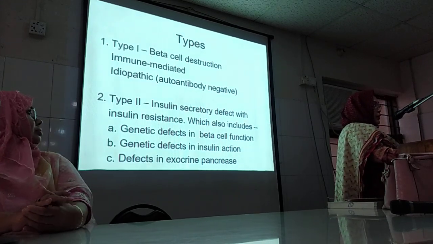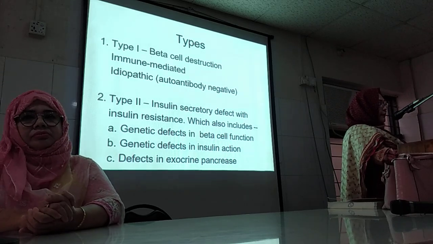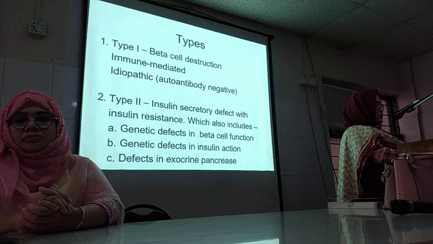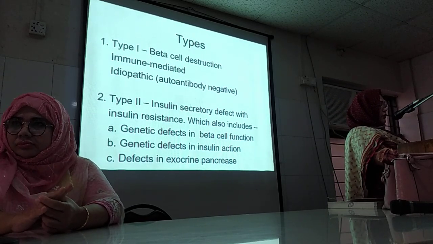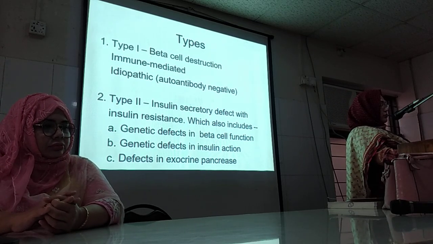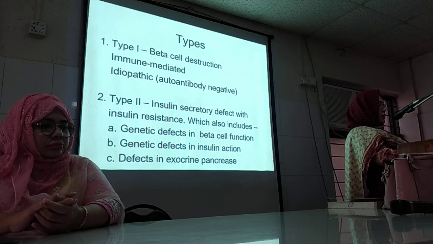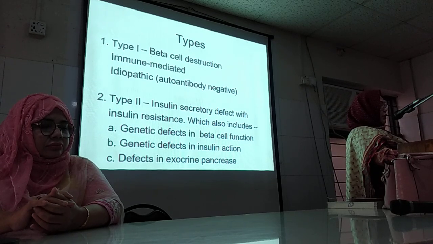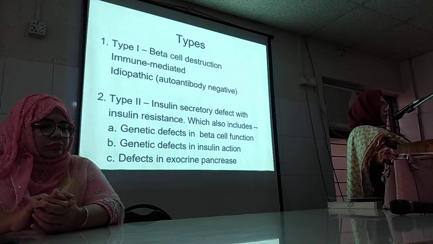Types: Diabetes is of two types mainly. Type 1, beta cell destruction; type 2, insulin secretory defect with insulin resistance. Type 1 beta cell destruction, here immune mediated and idiopathic. Type 2 insulin secretory defect with insulin resistance.